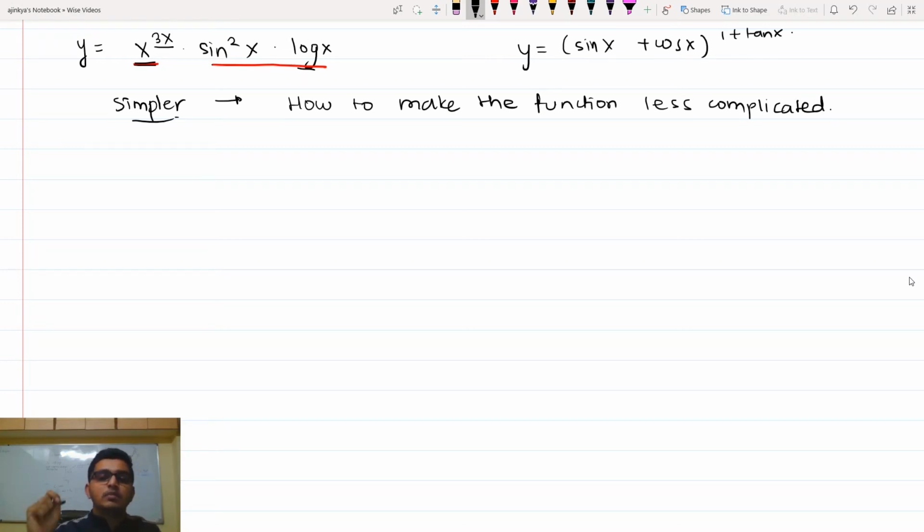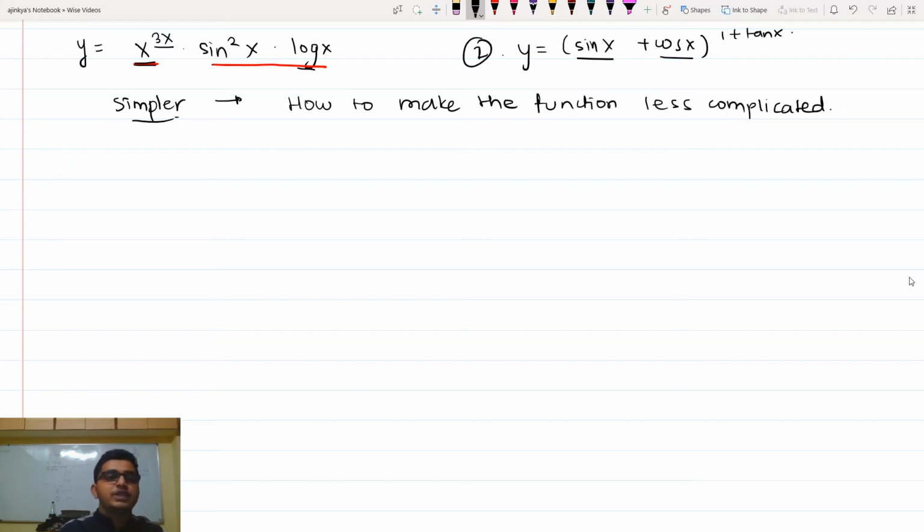So the only purpose of doing this logarithmic differentiation is to make the functions less complicated, or in other words, simpler, right? Again, in the second example over here, we have a function which is sine of x plus cos of x raised to 1 plus tan x, and no matter which formula you apply over here, it is not going to fit in this system, and you're most probably going to fail to do this differentiation without using log.